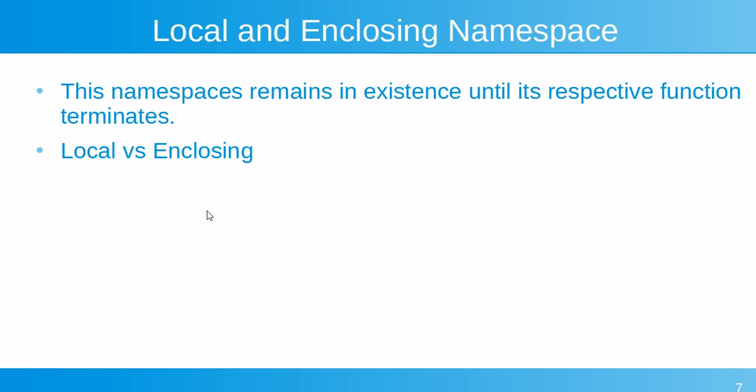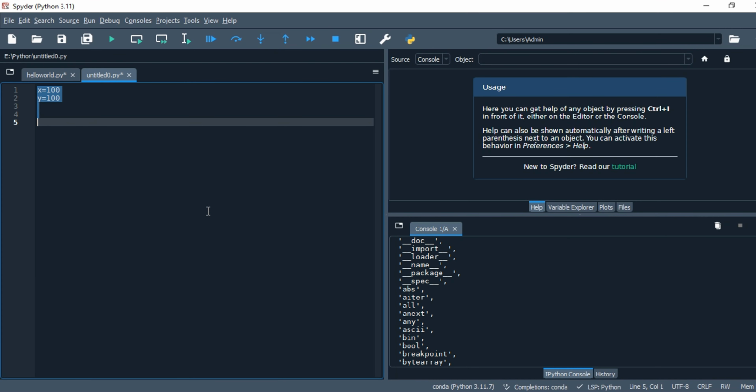And the next thing is that we have local and enclosing namespaces. In order to understand these two namespaces, you need to understand the nested function concept. In programming languages like C or C++, nested functions are not available; they are not allowed in those languages.